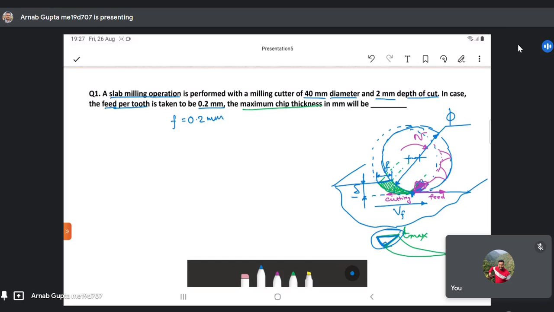So this is the 90-degree, and this particular distance is nothing but the feed per tooth, F. So it can also be written as Vf by N into Z. Vf by N into Z is the feed per tooth, that can be given in millimeter.